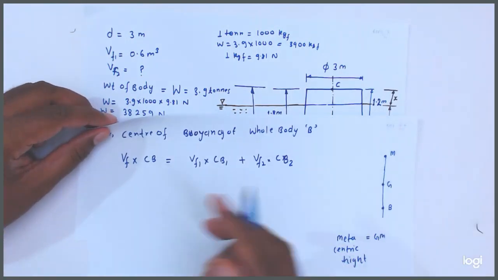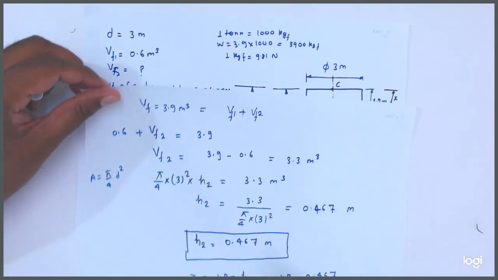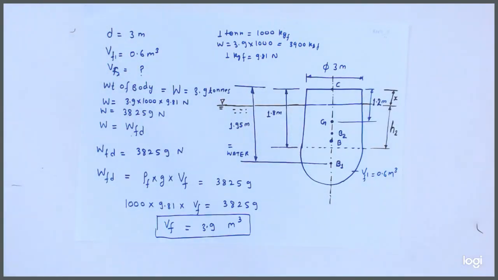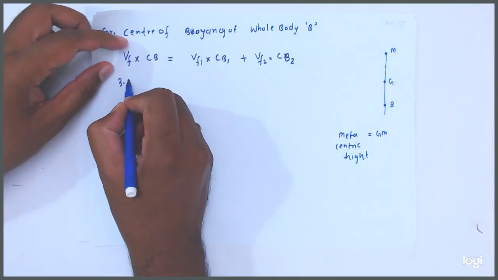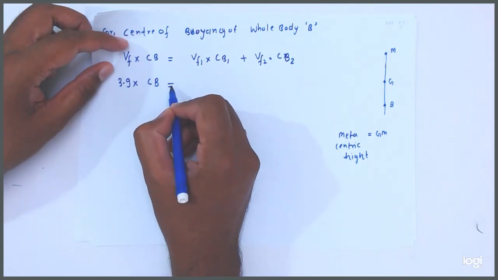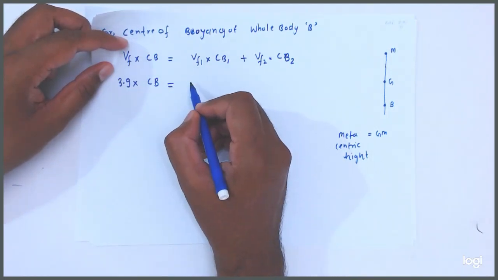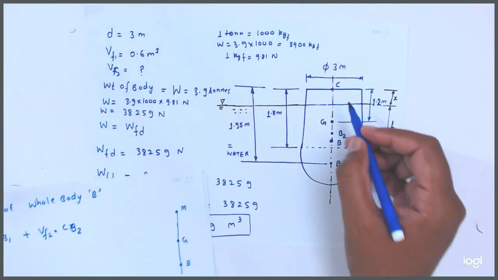So we know the volume of VF2. VF2 is equal to, how much is there? 3.9 is there. So 3.9 into CB is equal to VF1, how much? We know it is 0.6 into the CB1 distance.